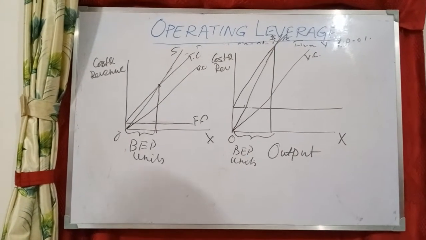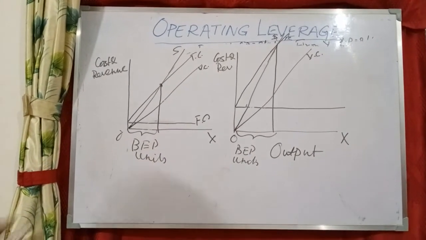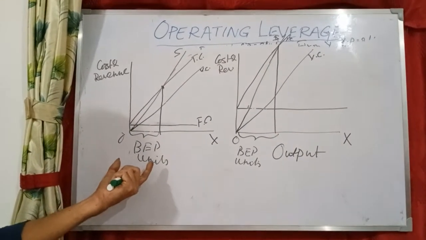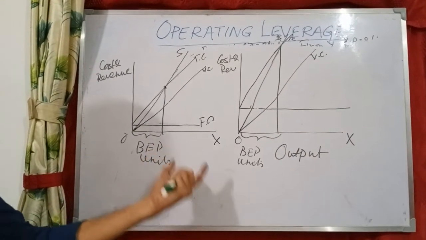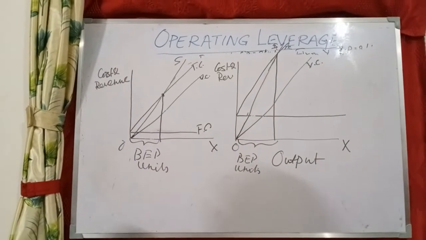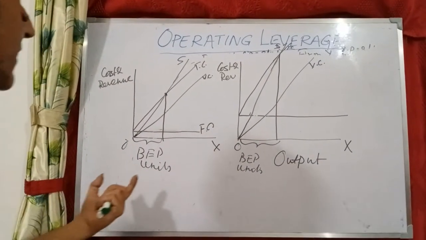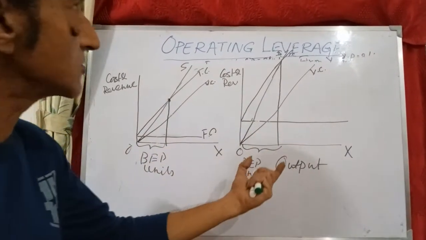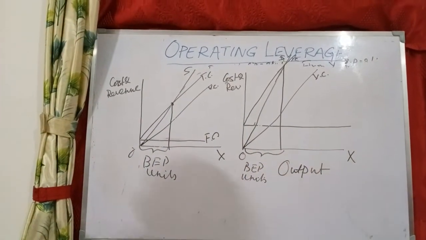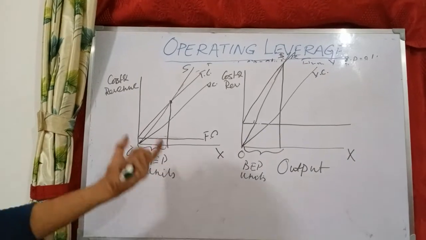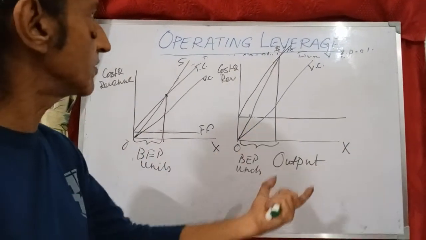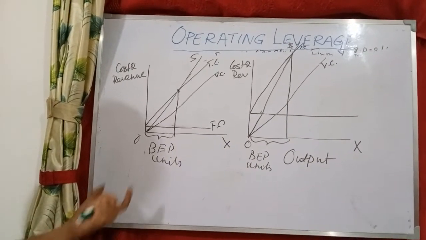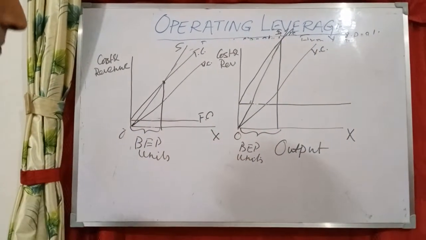The farm X, having lower fixed cost, reaches BEP at an earlier stage relative to farm Y, because farm X has lower fixed cost compared to farm Y, and farm X has more variable cost compared to that of farm Y.